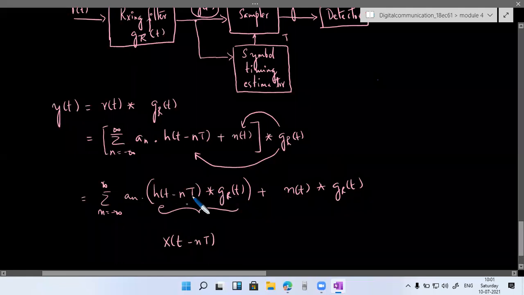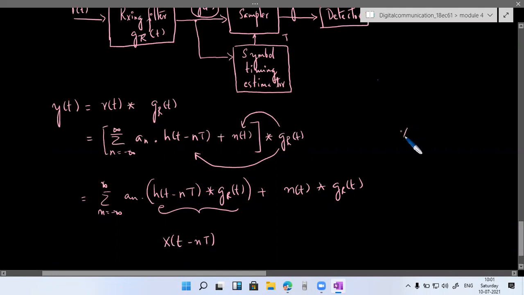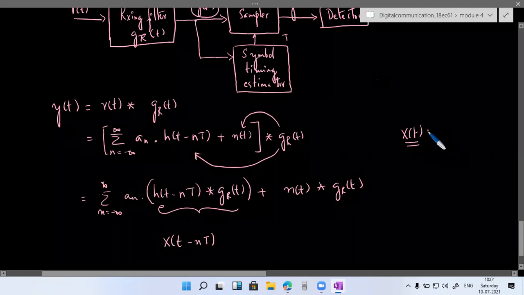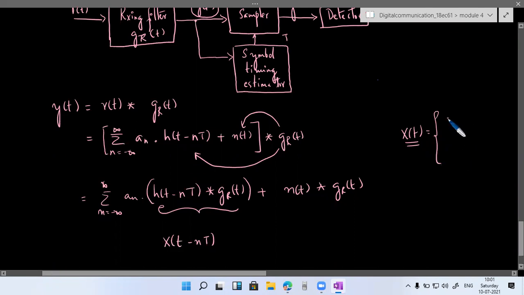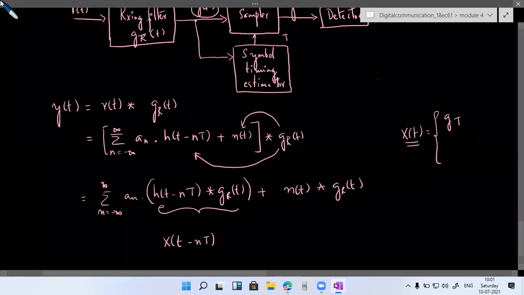So in turn, this leads to one more component where x(t) can be thought of as having the contribution from what all things? I can think of it as a combination of three things.